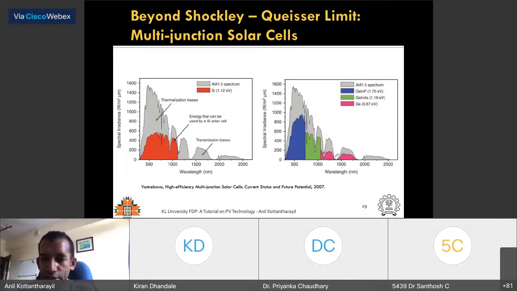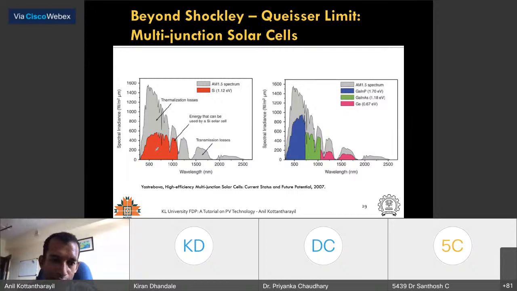You can see that the different absorbers absorb light at different wavelength ranges. The germanium in this particular design is absorbing this part of the spectrum, gallium indium arsenide this part, and gallium indium phosphide this part.